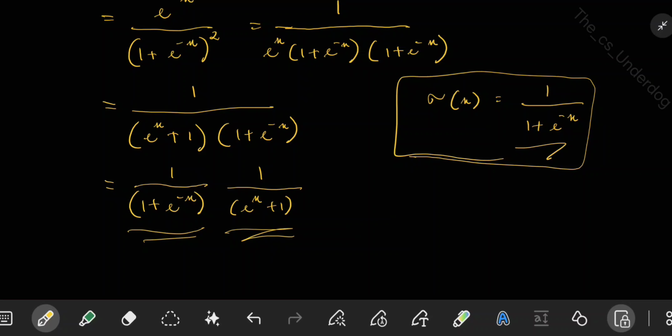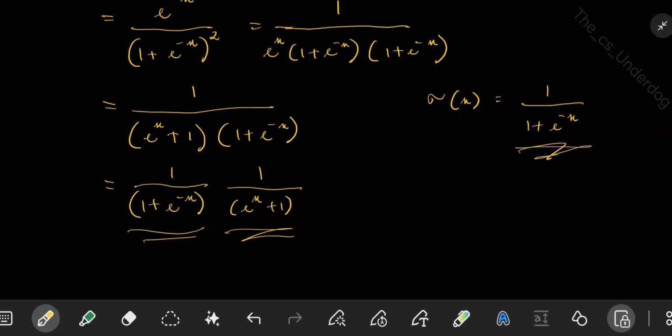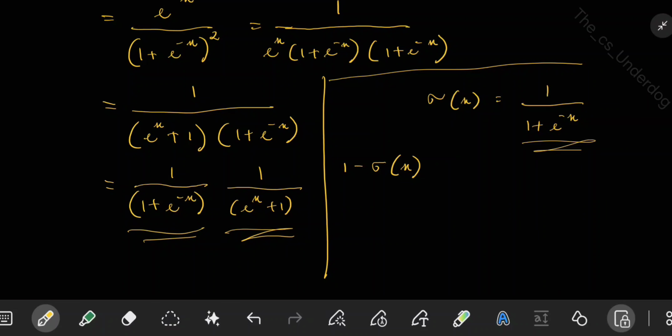While I want to find out, one thing I'll show you here is, if this is sigmoid x, then, okay, I'll just draw a boundary here. Then what will be the value of 1 minus sigmoid of x? If this is my sigmoid of x, then what will be the value of 1 minus sigmoid of x? This can be written as 1 minus 1 by 1 plus e power minus x. If I can write this way, then I can unify both these by taking this term to the numerator.